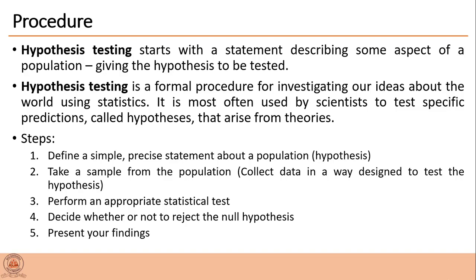So there are a variety of statistical tests available, but they are all based on comparison of the within group variance, that is how spread out the data is within a category, versus the between group variance. What is the between group variance? That is how different the categories are from one another.